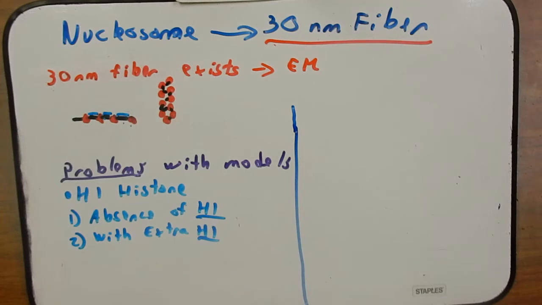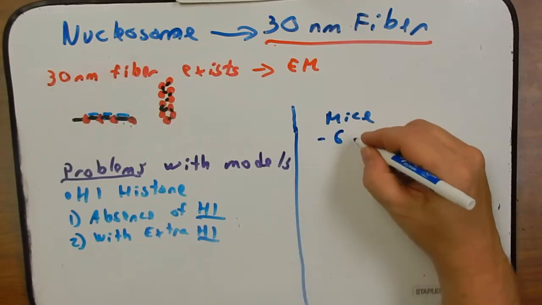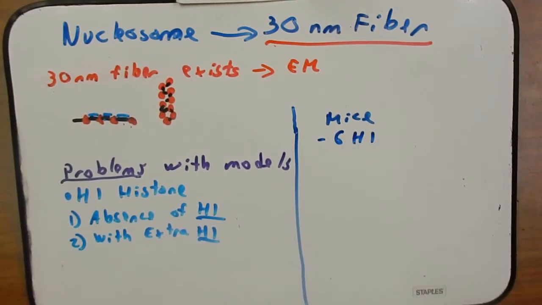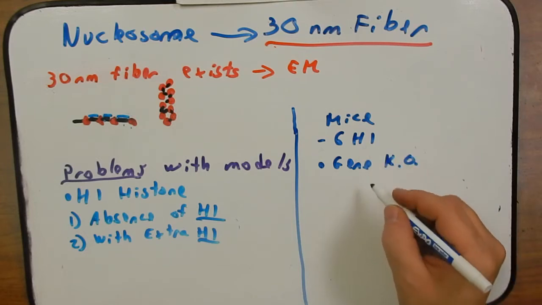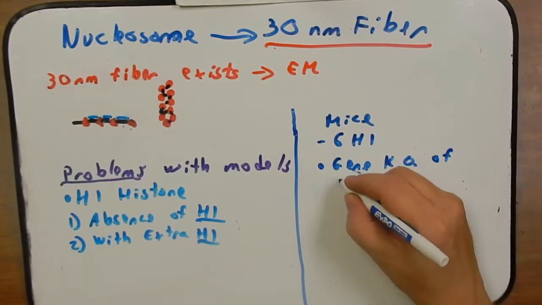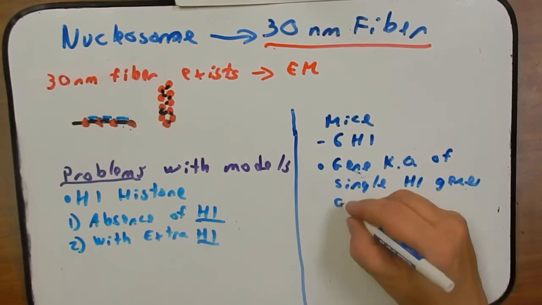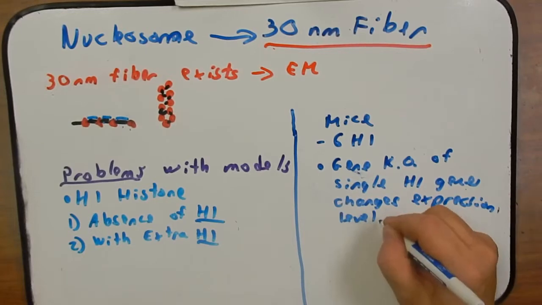Some of the reasons why we believe the H1 histone is important is from work done with mice. Mice have 6 H1 genes, 6 genes that code for this H1 histone. Gene knockouts, where you remove the gene from the mouse genome, of single H1 genes change expression level, suggesting it's important.